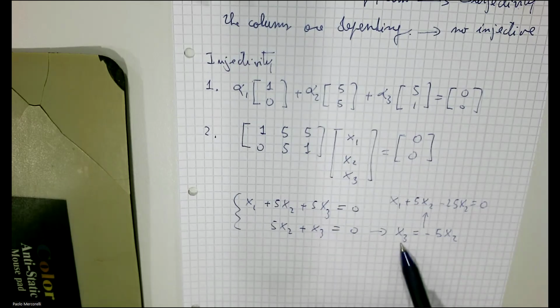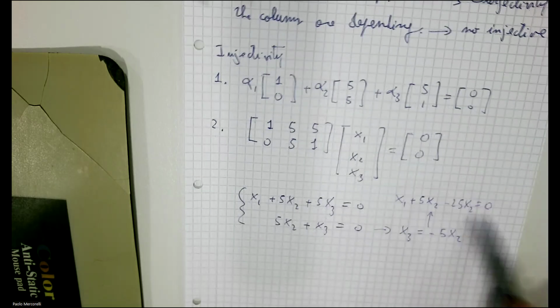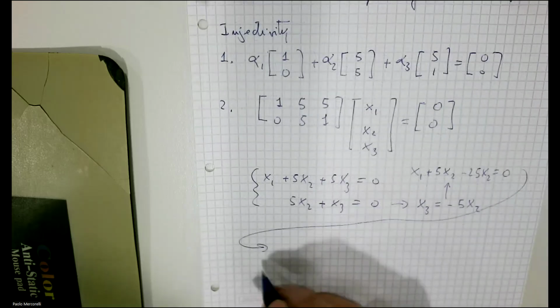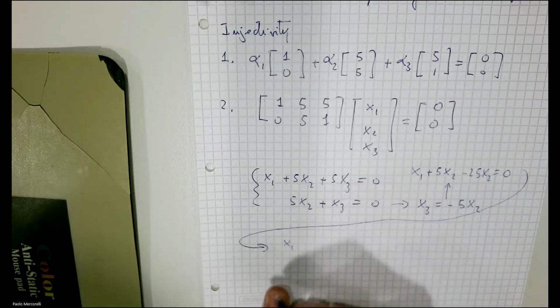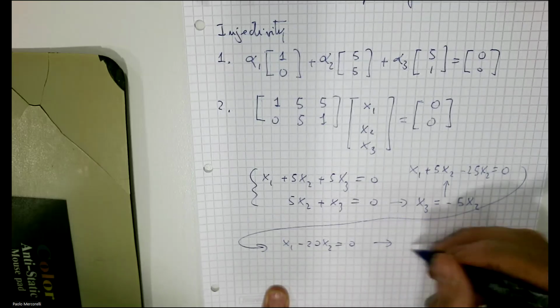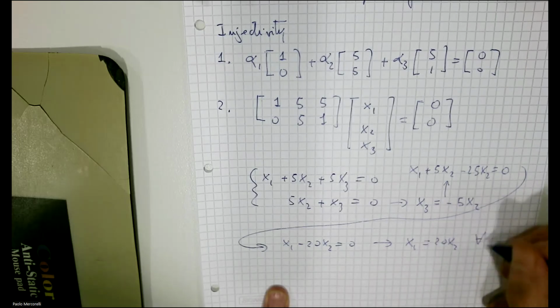If I plug in, I have this one. Now we have x1 minus 20x2 equals 0. Now we can see that x1 is equal to 20x2 for each x2.